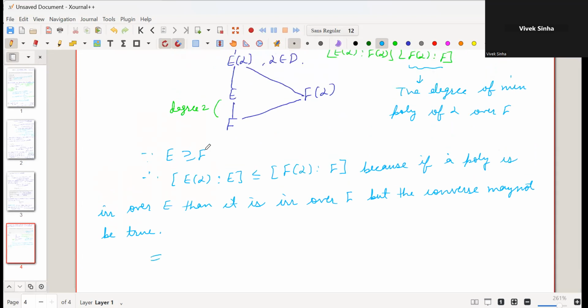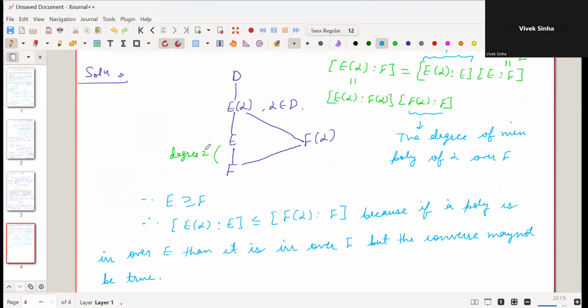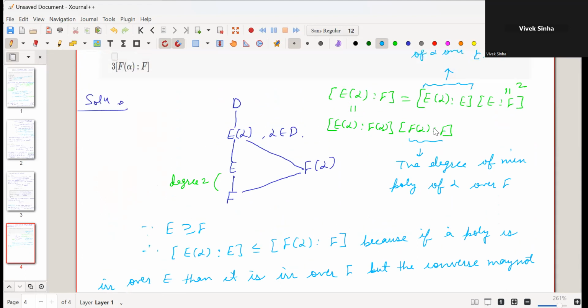So this implies that, using this, we have this less than or equal to this. Let me write it as equation 1.